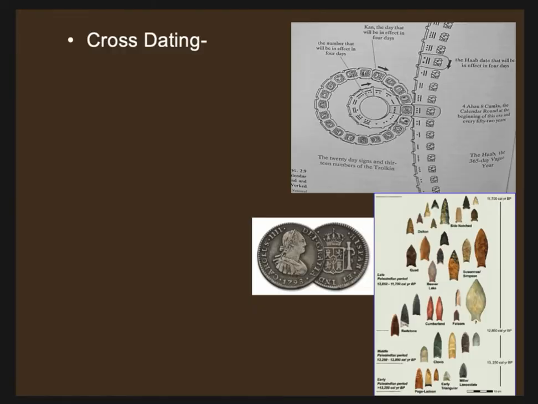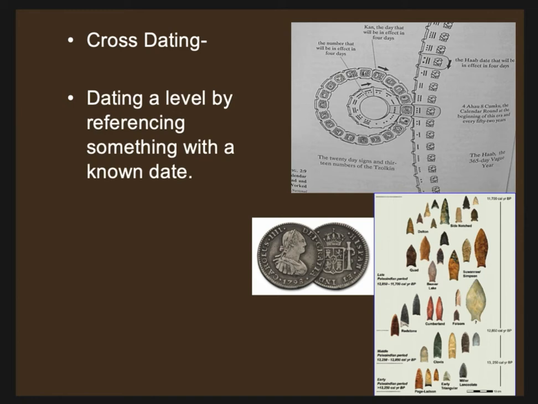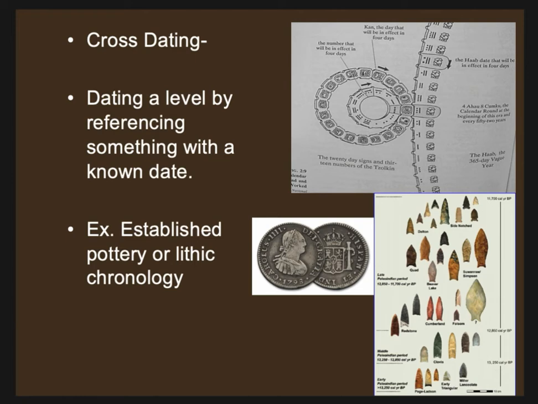Let's look at cross dating first. What you're doing is dating a level, let's say a stratigraphic level, by referencing an artifact or an object in that level that has an established date. It could be something like the pottery in an area has been so well studied that when you find that pottery in that level, you have a pretty clear date.